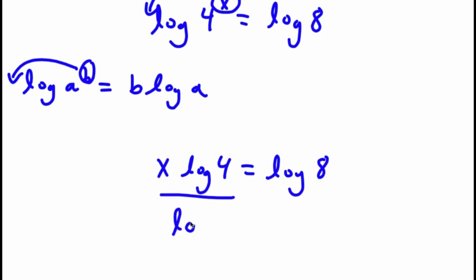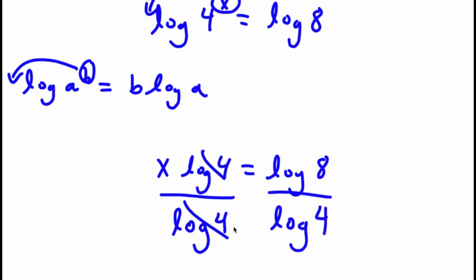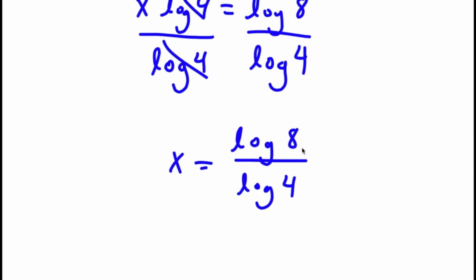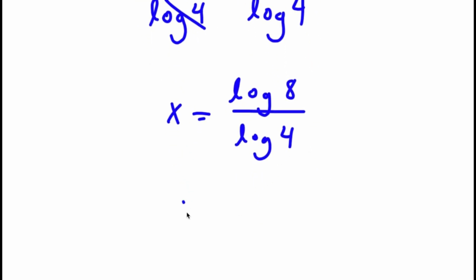Now I can simply divide both sides by log 4. These two cancel out, and I'll be left with x is equal to log 8 over log 4. Now, remember 8 is equal to 2 to the power of 3, and 4 is equal to 2 to the power of 2.